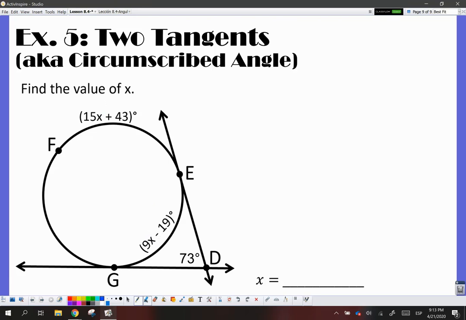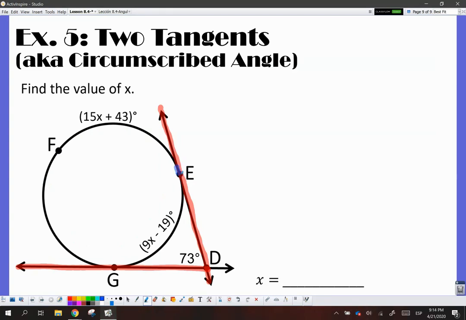So let's highlight first what we have here. I'm going to highlight the lines so that I know where my angle is. And now knowing where the angle is, I see the points of intersection. So now I'm going to highlight the arcs that I have.